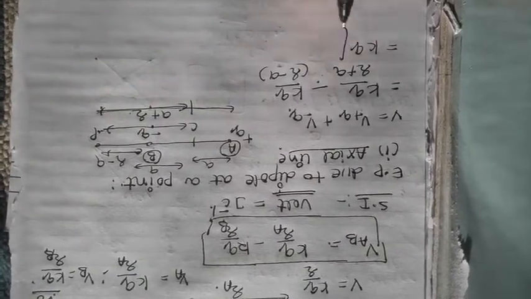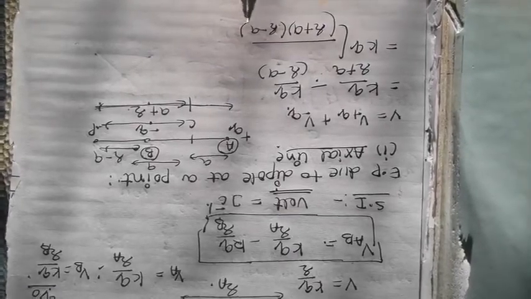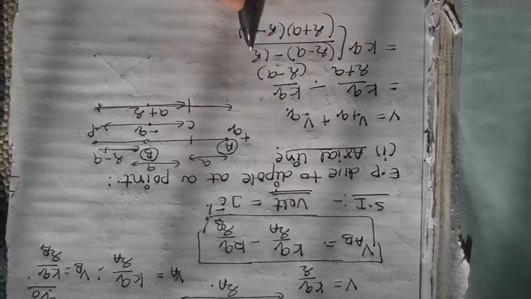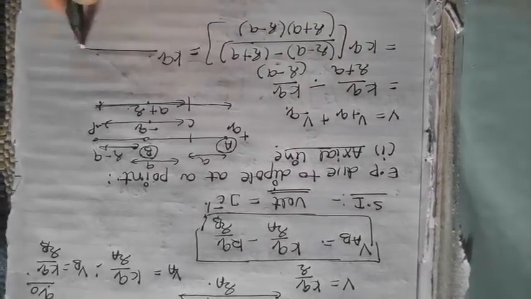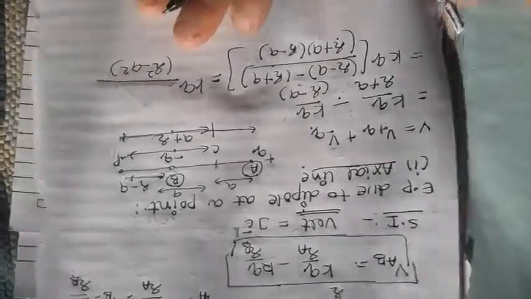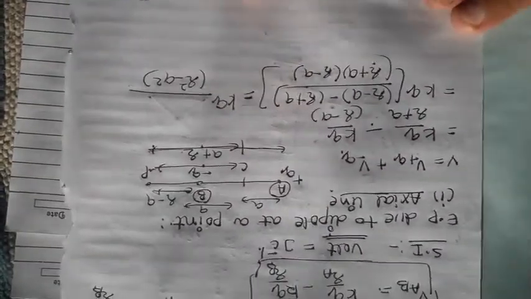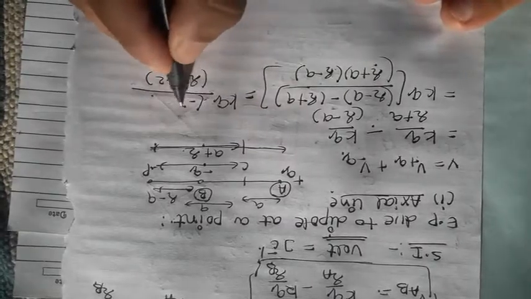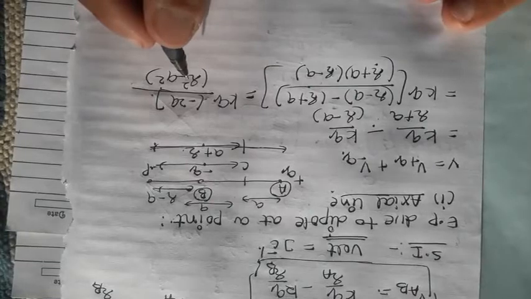Take KQ common, LCM R plus A, R minus A, cross multiply: R minus A minus R plus A, in the form of A plus B, A minus B, A square minus B square. So if you solve this, here you get minus 2A.